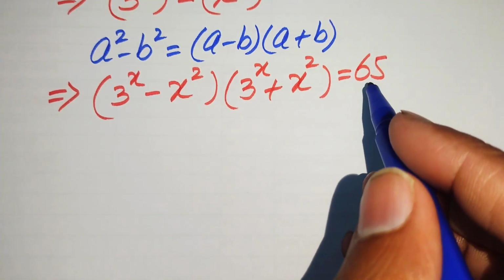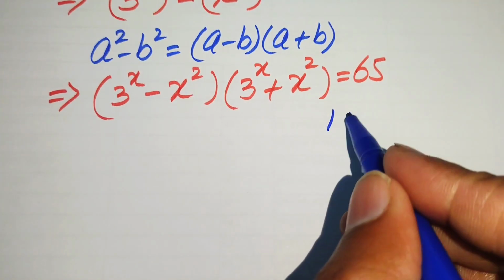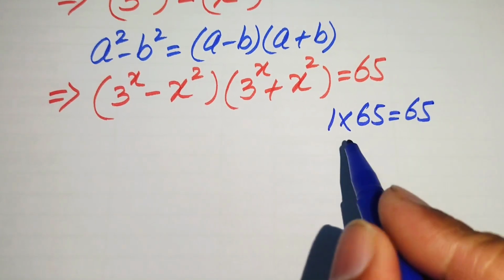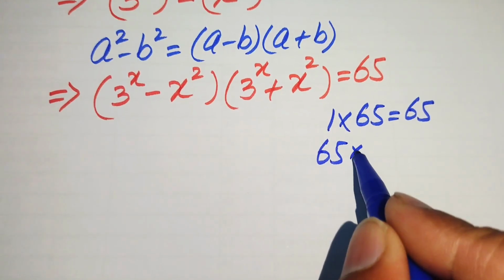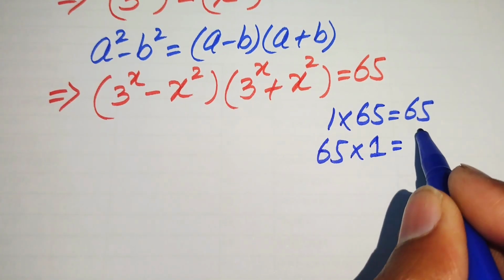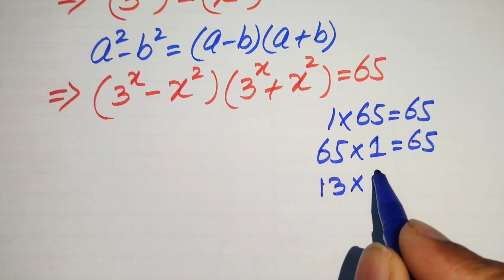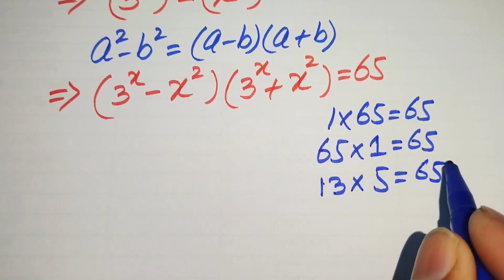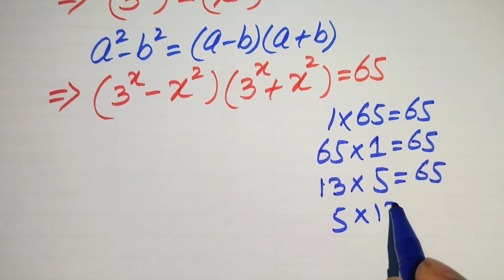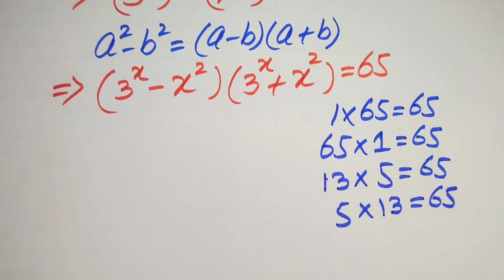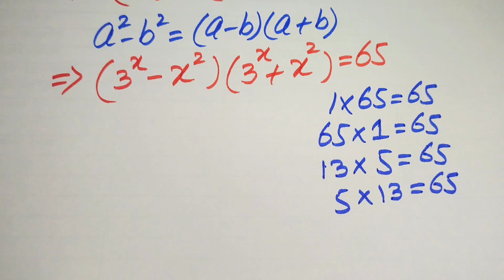The possibilities are 1 times 65 equals 65, 65 times 1 is also 65, 13 times 5 becomes 65, and 5 times 13 is also 65. So we have these four possibilities in which we get the answer 65.